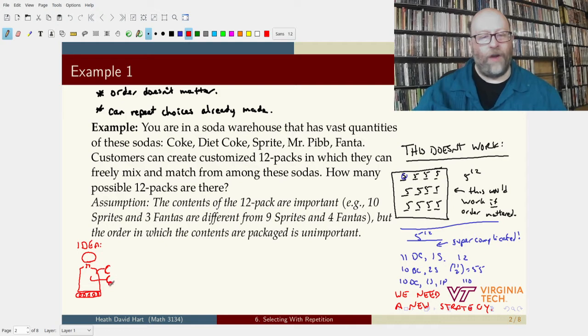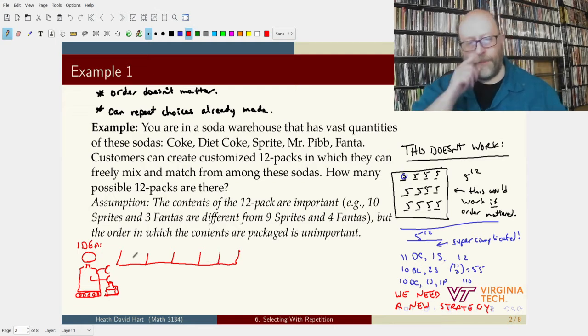In one hand, the robot's holding a bag to put the cans in, and the other hand is picking up the cans. I didn't draw that very well, but that's okay. The robot stands in front of an aisle in which there are cans of Coke, cans of Diet Coke, cans of Sprite, cans of Mr. Pibb, cans of Fanta.